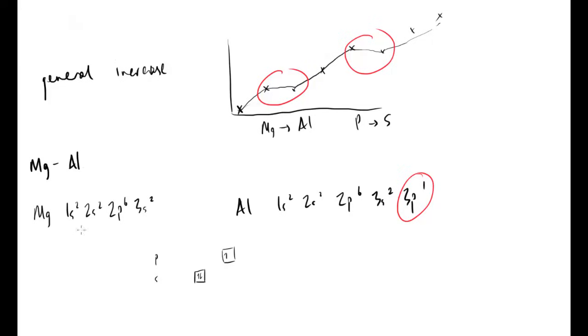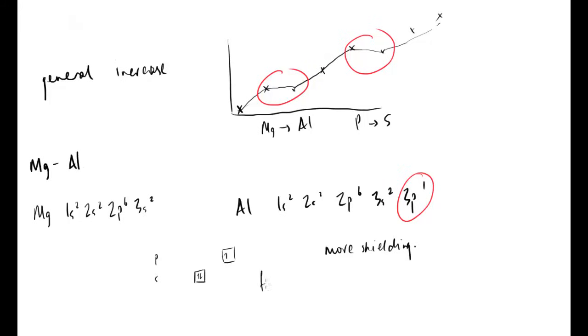Add on to that the fact that here we have more shielding. The reason is that we've got shielding from the things below it. Here we've now got shielding from the 3s, whereas for magnesium we were adding to the 3s. So the 3s gives a little bit more shielding, so this is easy to remove, and it is also slightly further away from the nucleus, again meaning it's easier to remove.